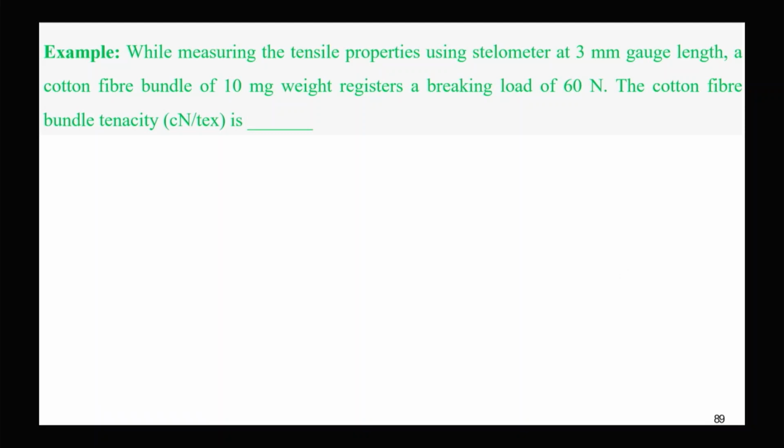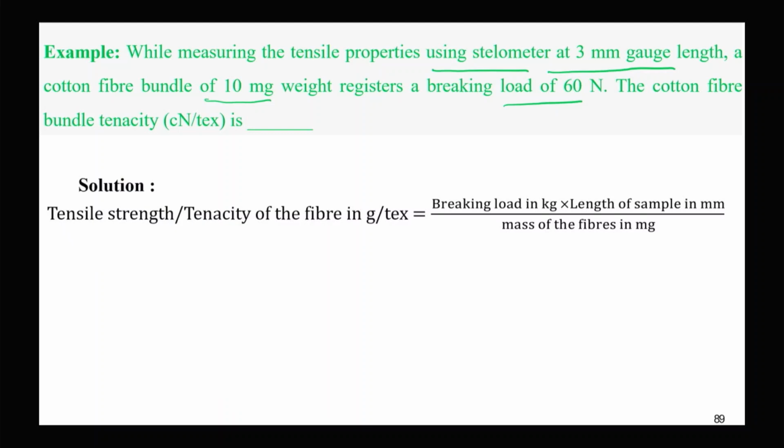So while measuring the tensile properties of cotton using a Stelometer at 3 millimeter gauge length, a cotton fiber bundle of 10 milligram weight registered a breaking load of 60 Newton. So bundle tenacity using the same relationship. 3 millimeter gauge length means the length of the specimen will be 14.8 approximately.